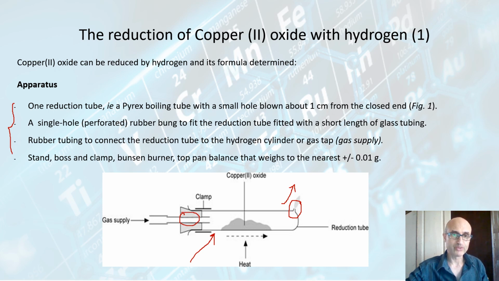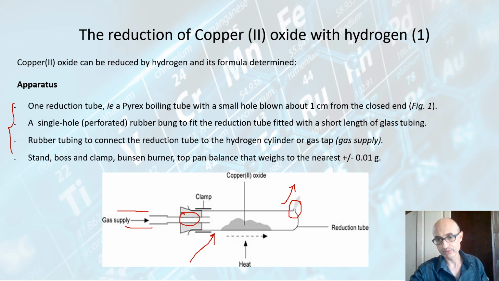Now, although it's not indicated, where you've got gas supply, you do have rubber tubing, and connected to the rubber tubing there is a hydrogen gas cylinder. Now, the hydrogen gas cylinder, as we shall also see from the video demonstration, has its own open on-off valve, which is connected in turn to a pressure regulator, and then there is a gas flow regulator, which controls the flow of gas into the reduction tube.